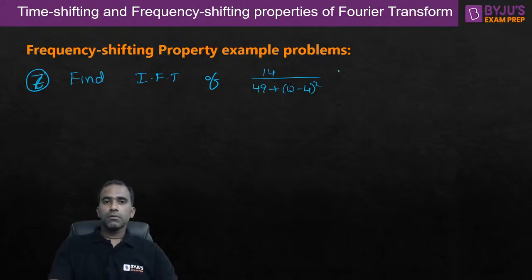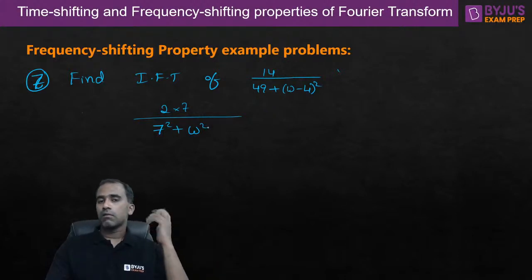So this is what I'm asking you. Look at the basic version of it. See this one, this is 7 square. It is looking like 2 into 7 divided by 7 square plus, instead of omega minus 4 whole square, let me write as omega square. So that is the basic function that we might have remembered.